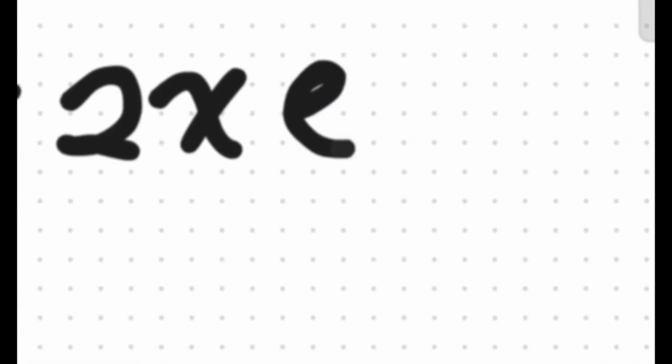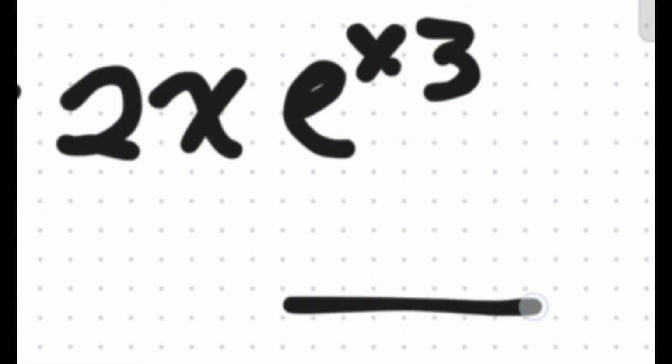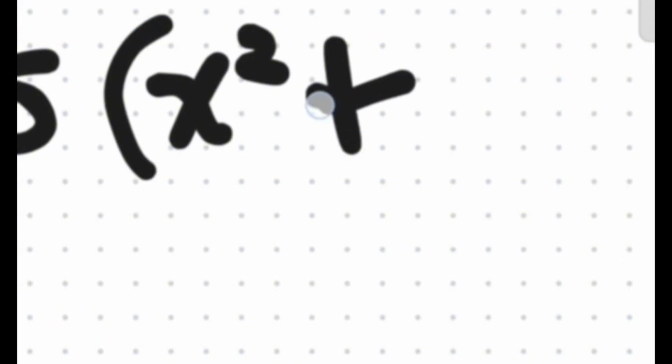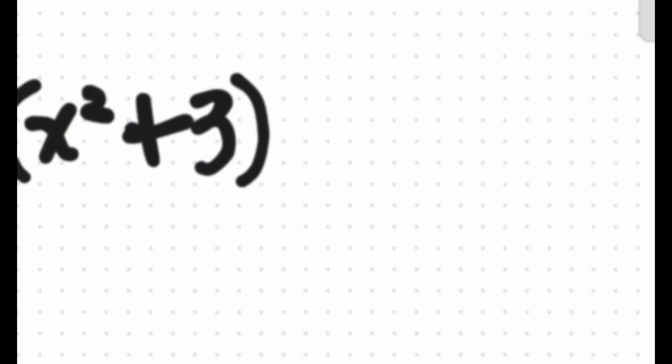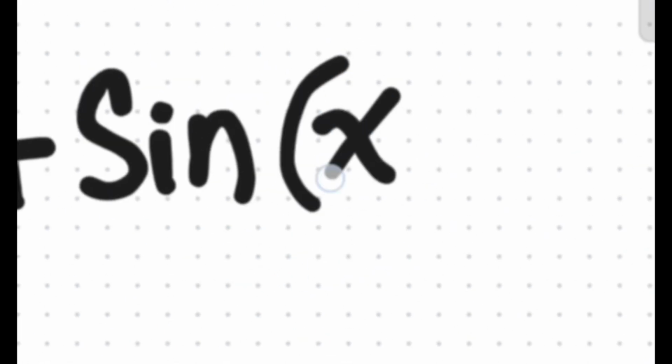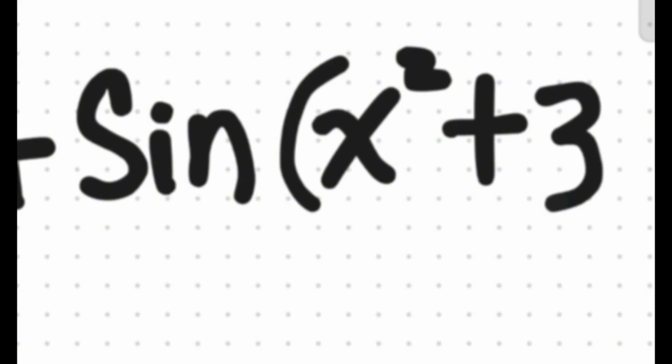Next, to simplify, we write 2x e to the power of x cubed, and then we write cos in bracket x squared plus 3 close bracket, and then we write 2x plus sine in bracket x squared plus 3.